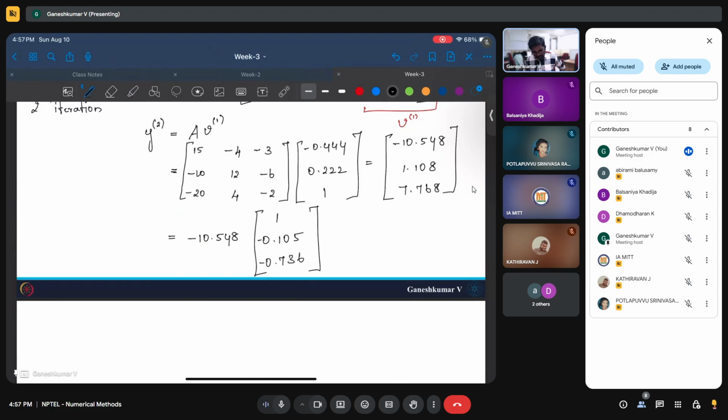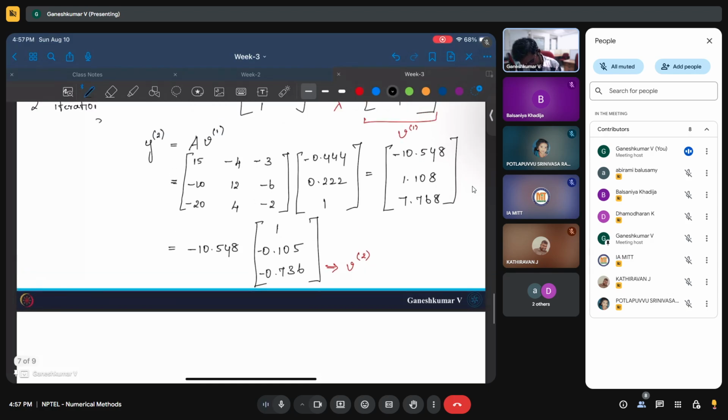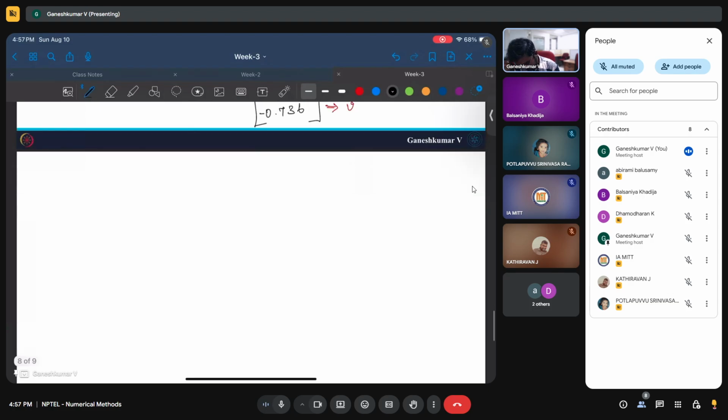All right, now this is your v of 2. Okay, so now you go to the third iteration. So from the first iteration, from minus 18 it has reduced to minus 10.548, so it has clearly not converged. So let's go to the third iteration.